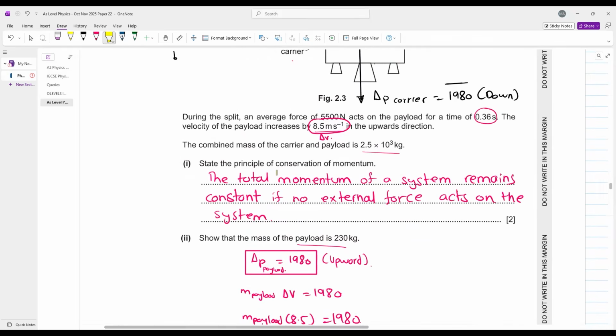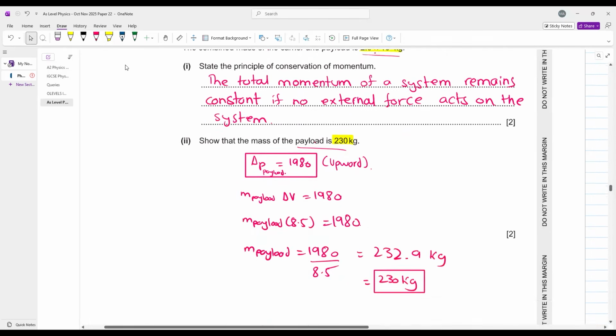Can you realize that the total combined mass is 2.510 raised to the power of 3 kg? The mass of the payload is 230 kg. If I subtract the payload ka mass from the total mass, I will get the mass of the carrier.